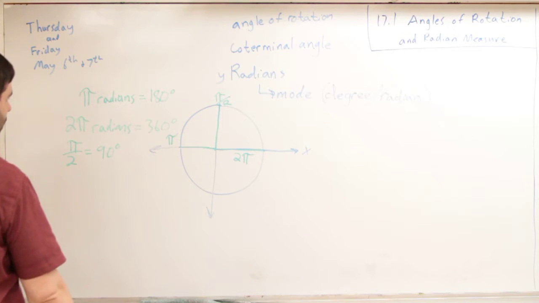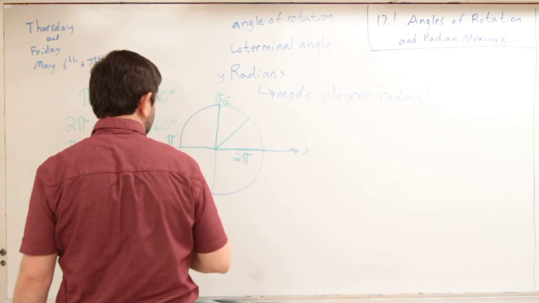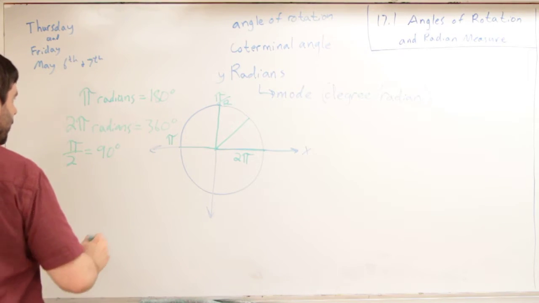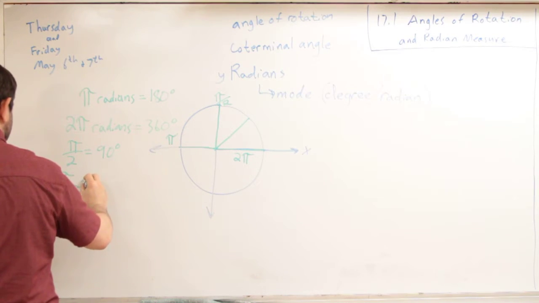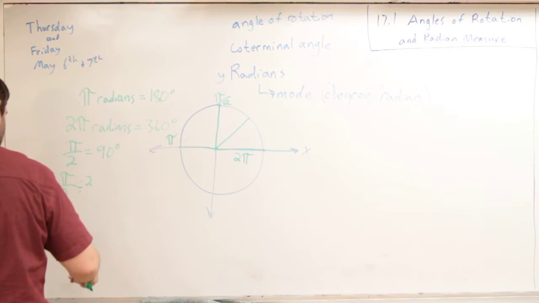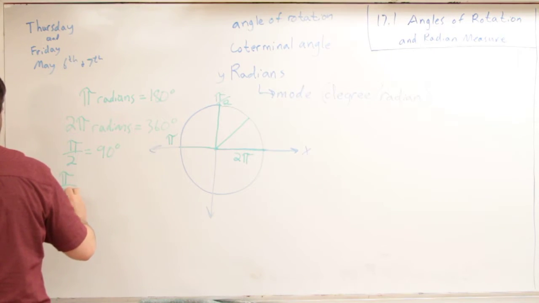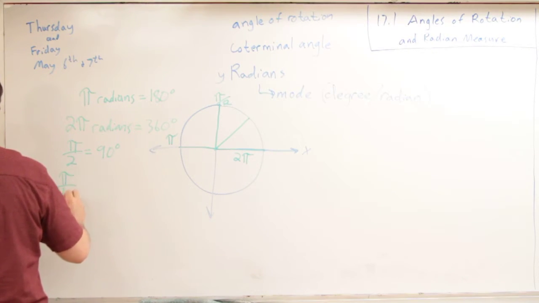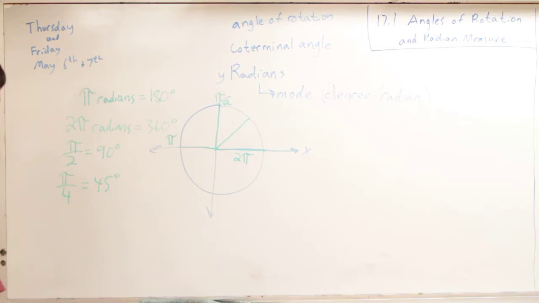And we could even do this again. We could cut this in half. That's 45 degrees. And that would be pi over 2 divided by 2, or multiplied by a half. And we would find that pi over 4 equals 45 degrees.